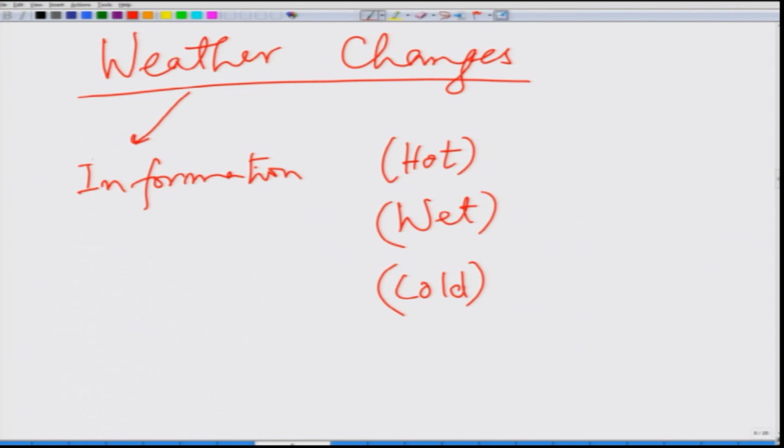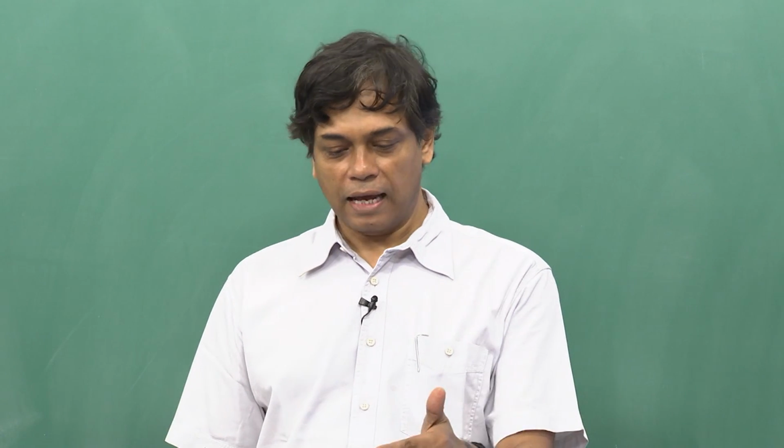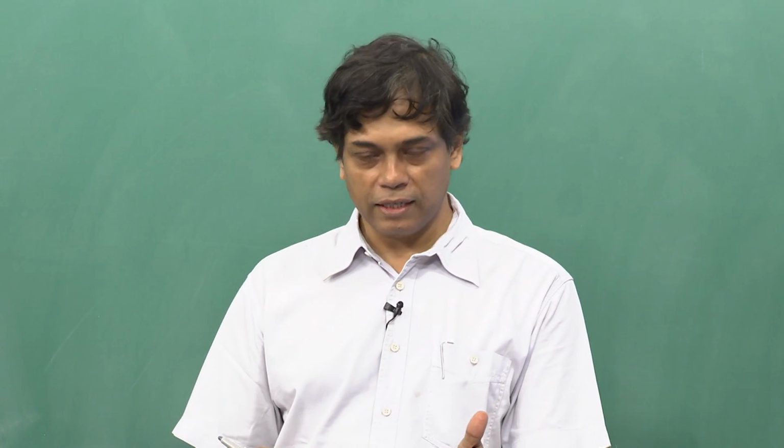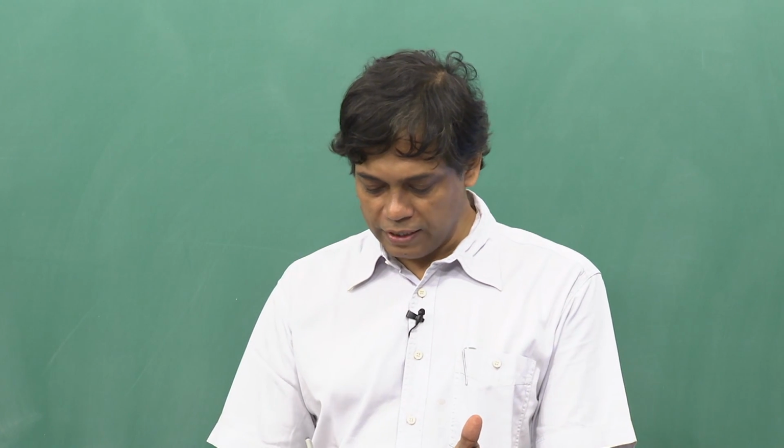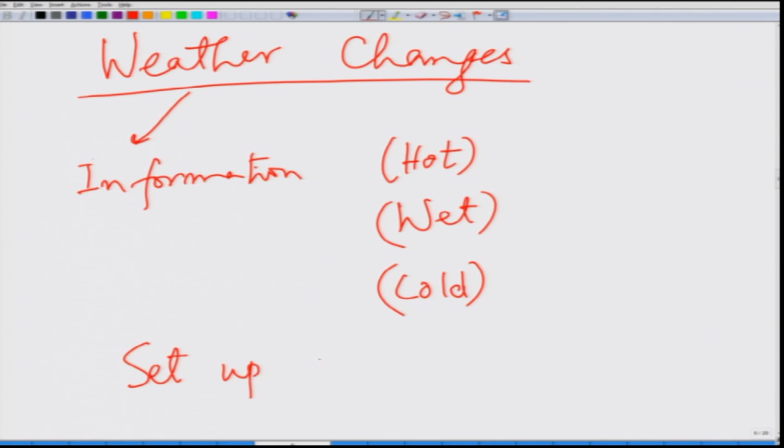So you can make this into an information chart and you can start processing or building your problem around this concept. Okay. So again this is another way of thinking that you can set up a problem. So it is very important to set up a problem and find a solution.